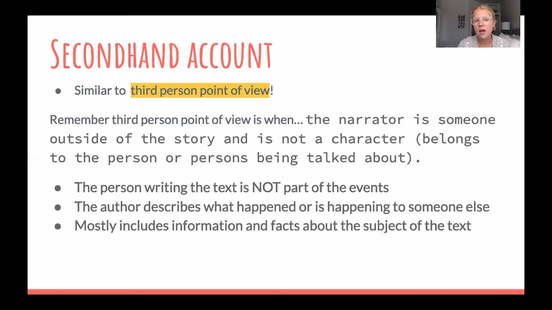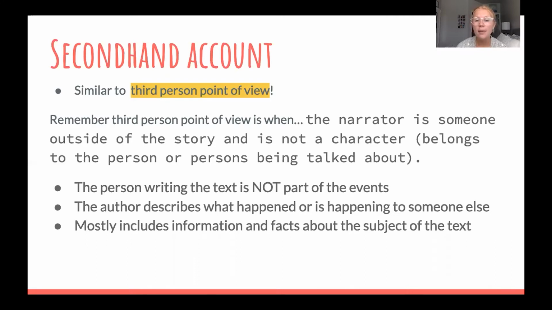A secondhand account is similar to a third-person point of view, similar to a text being told in third person. Remember, third-person point of view is when the narrator is someone outside of the story and is not a character. This point of view belongs to the person or persons being talked about. The person writing the text is not part of the events in a secondhand account.